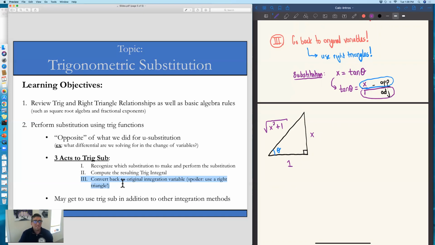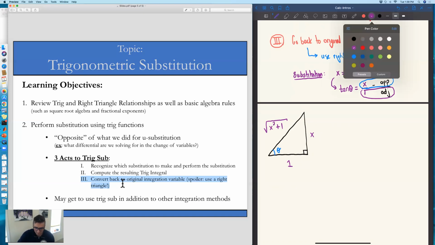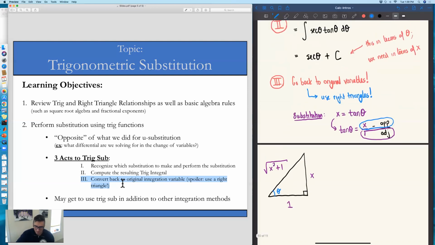So the reason why we needed to make that triangle was, if you remember up above, our antiderivative was this secant theta plus c. So what we need to do is turn secant theta in terms of x. And the way in which we're going to do that is just notice that, well, secant of theta, if you remember, is equal to, well, 1 over cosine of theta.